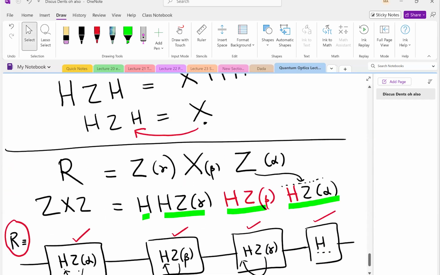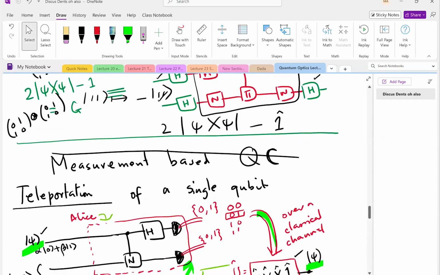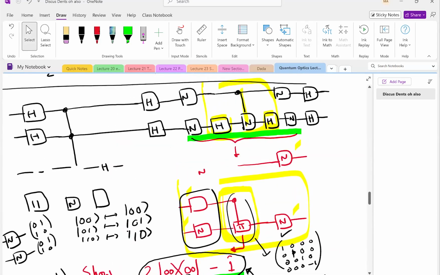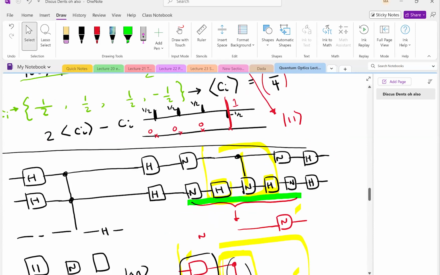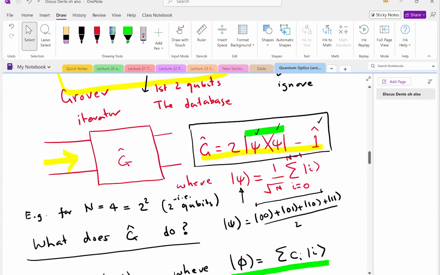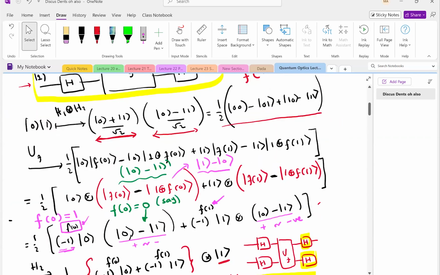So if you look at your Grover search algorithm, for example, or let's be very simple. Let's look at the simple example of the Deutsch algorithm.